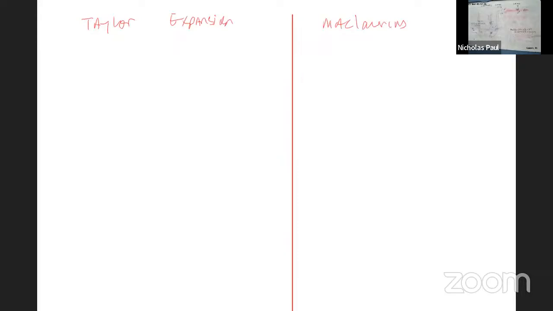All right, so let's take a look at our Taylor first. Actually, I'll show you both of them side by side. Taylor expansion and your Maclaurin's expansion, right? In Taylor expansion, if you have to expand f of x, you'll have to expand f of x about some value, let's say about a.